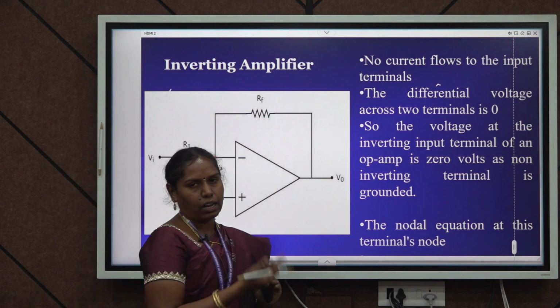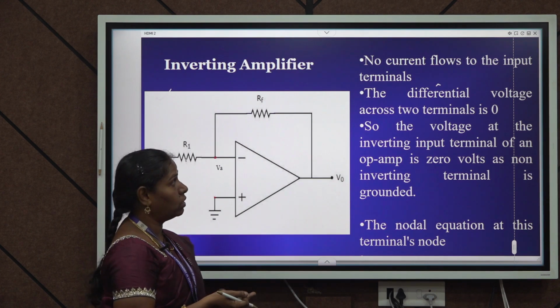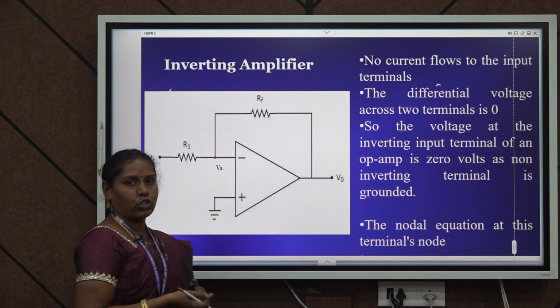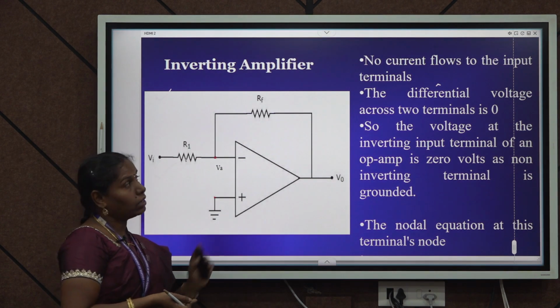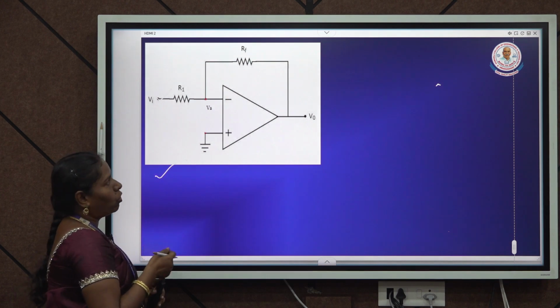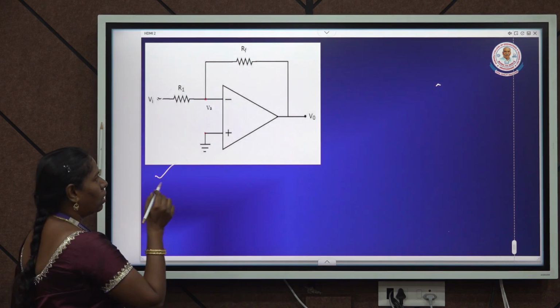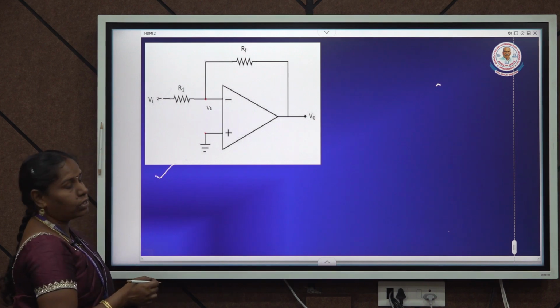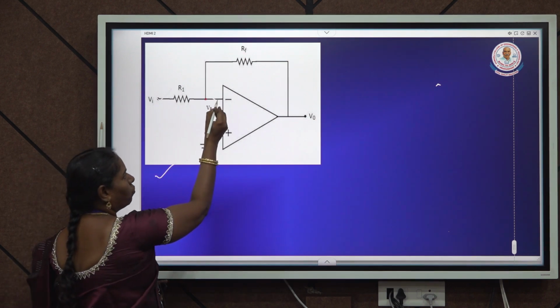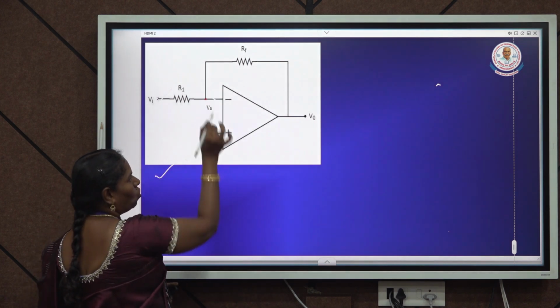To derive the output voltage or gain factor, we have to utilize the golden rules of operational amplifiers and Kirchhoff's current law. Let us start with the golden rule. According to the operational amplifier rule, the current drawn by the operational amplifier is 0, so the current flowing towards the op-amp is 0 here and here.